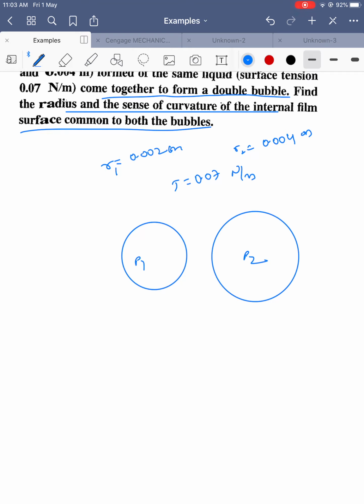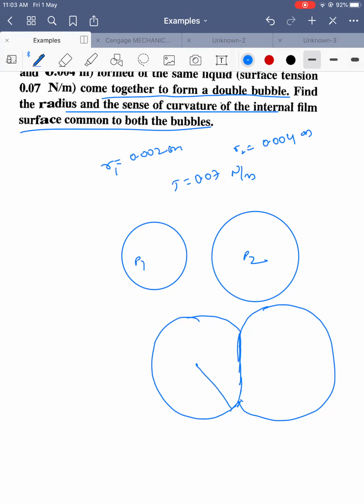If they are combined to form a single bubble. So up to one section this will be okay, and the other section, the internal one.